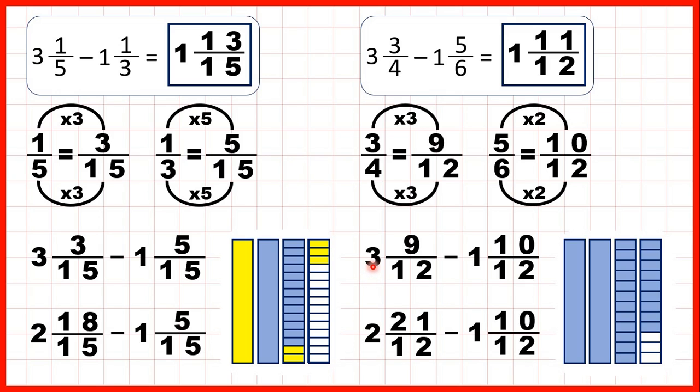That's why we can subtract 1 from 3 to get 2, because we now have 2 wholes, but we can add the denominator to the numerator because turning one of our wholes into 12ths means we have 12 more 12ths, so that's 21 12ths altogether. So now we can subtract 10 12ths, which is the same as subtracting 5/6, and we can subtract 1 whole to leave us with 1 and 11 12ths as our answer.